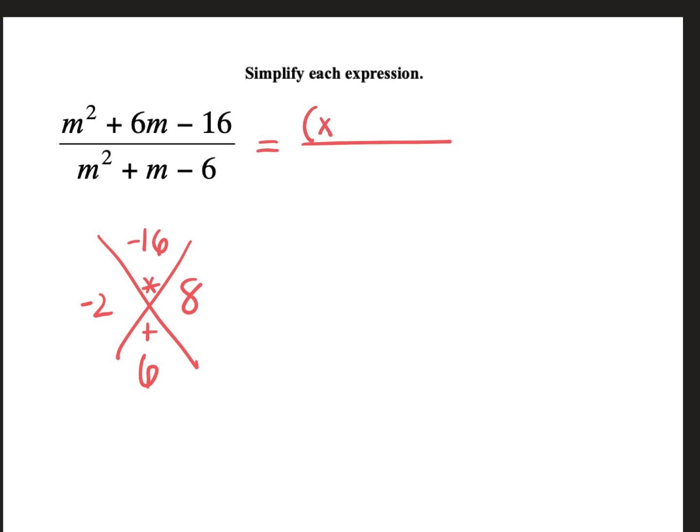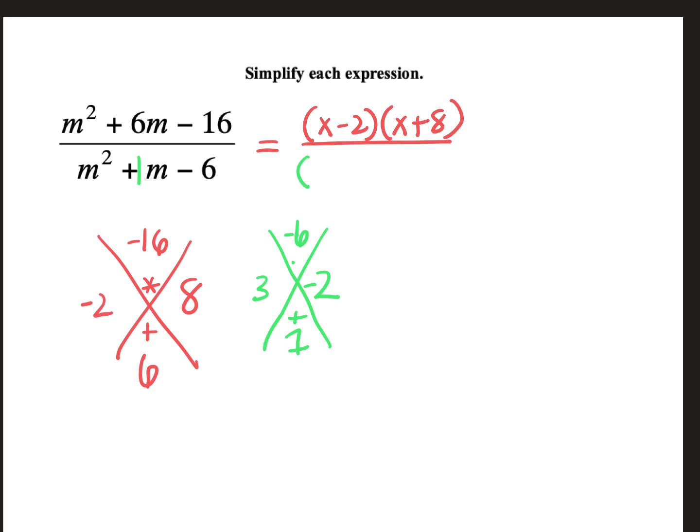So my two factors on top are x minus 2, x plus 8. For the denominator, we're looking for something that multiplies to negative 6 and adds to 1. Technically, there's a 1 here in front of your m. Well, I know 6 is the same as 3 times 2. And if I do 3 minus 2, I get 1.